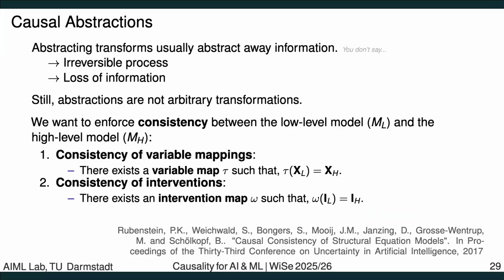So if we intervene on some variable on the low level, maybe it affects multiple variables on the higher level, or the other way around. If we intervene on a set of low-level variables, let's say on the shape and color of an object, but then we group them together into one single high-level variable, we somehow need a function that tells us how these interventions transform.